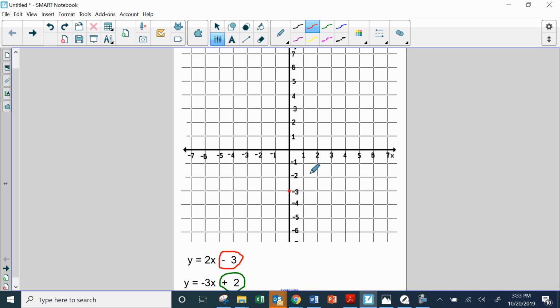See coordinates. Right. So I plotted the y-intercept for the first equation. Now I'm going to go ahead and plot the y-intercept for the second equation. So this +2, again, is the y-intercept for the second equation. I'm going to go ahead and plot it right now, right here.